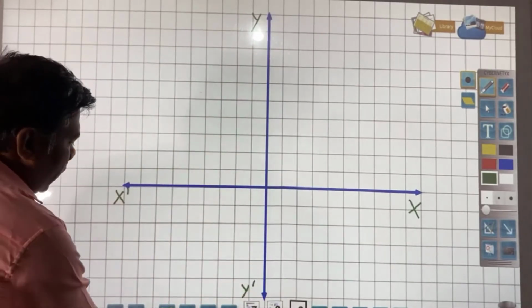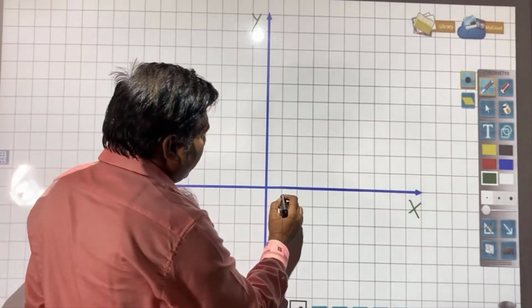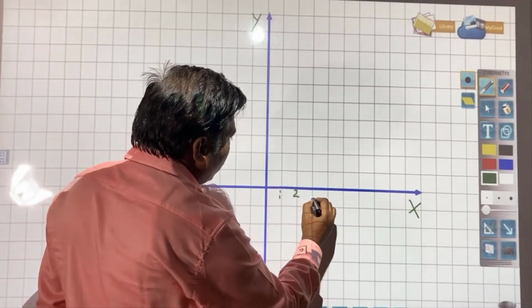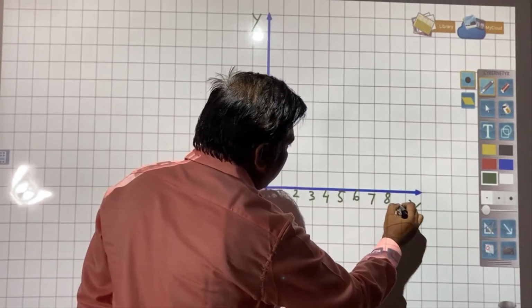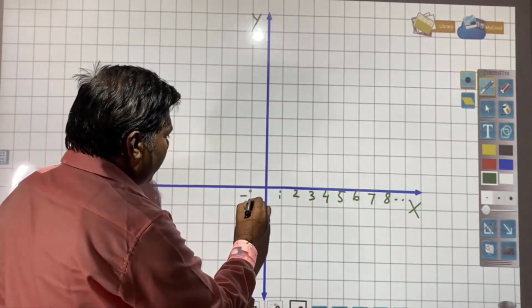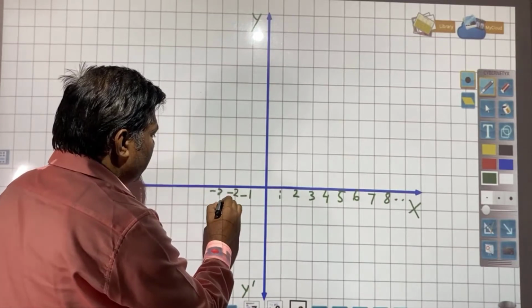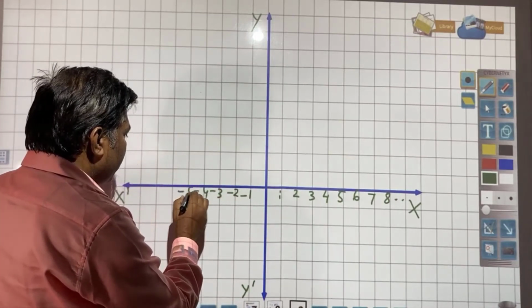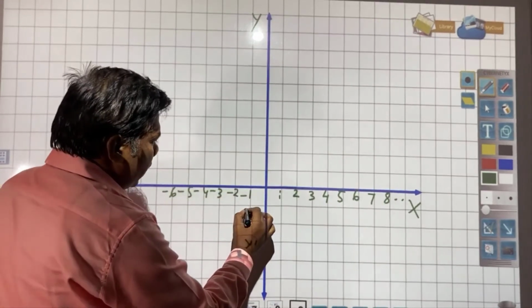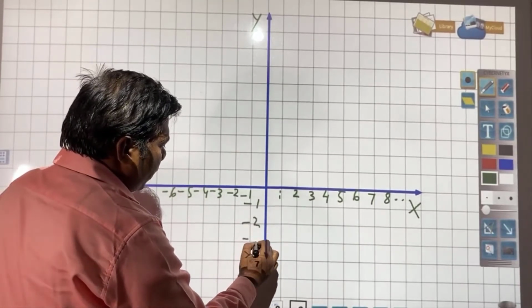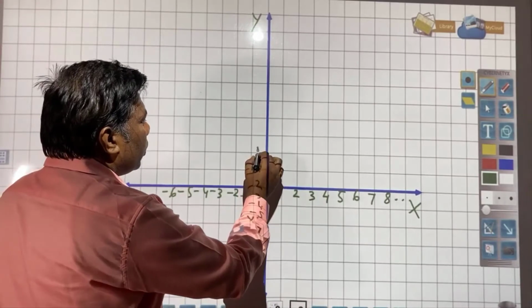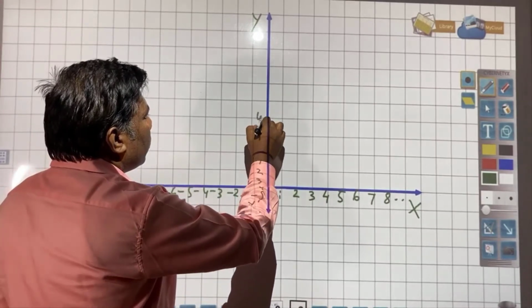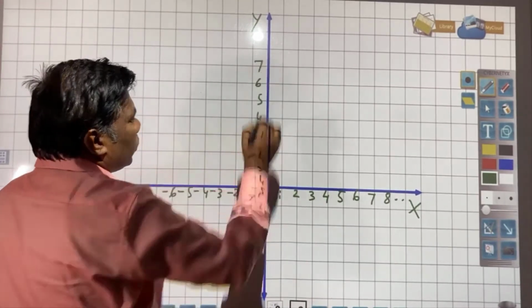Your first coordinate you have, first give number 1, 2, 3, 4, 5, 6, 7, 8 and so on. Here you have -1, -2, -3, -4, -5, -6 and so on. Here you have -1, -2, -3, -4, -5 and so on. 1, 2, 3, 4, 5, 6, 7 and so on.